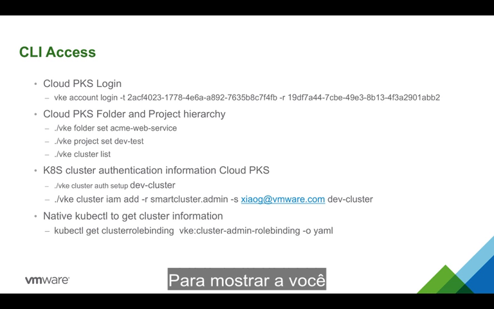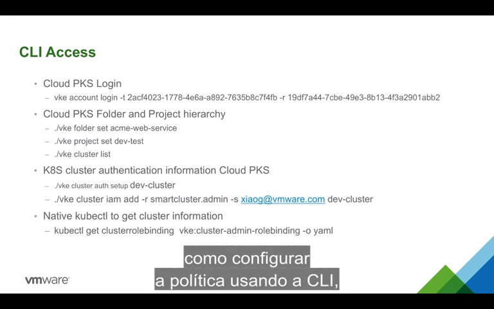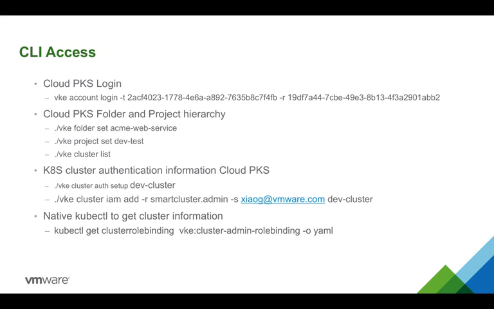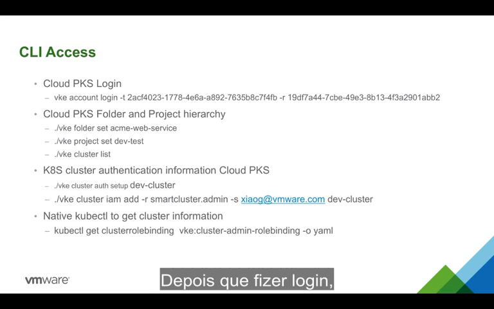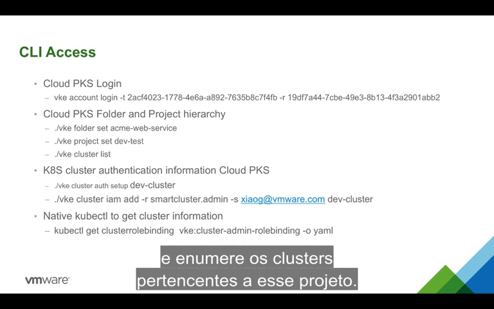To demonstrate how to configure the policy using the CLI, the first thing you do is log in to Cloud PKS. Once you're logged in, you will set the folder and the project, and then you will list the clusters underneath that particular project.